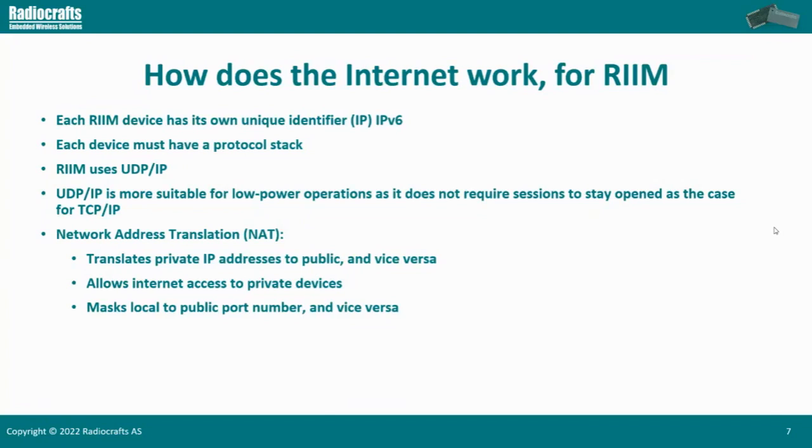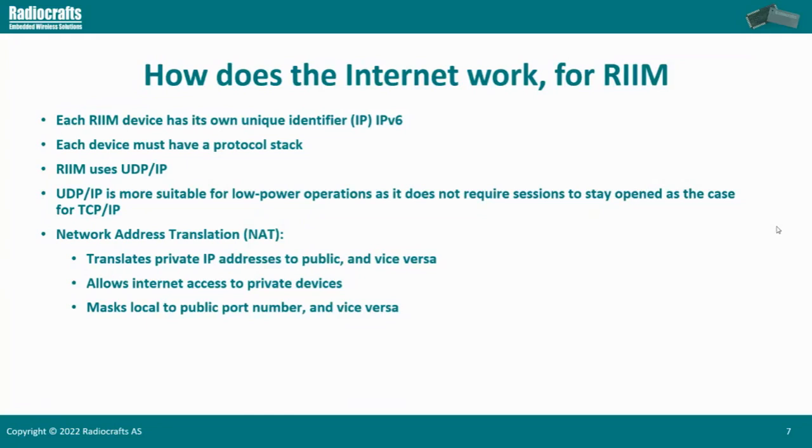This can be suited for your PC, which has virtually unlimited power. But with RIIM, we don't have that. So we had to change that from TCP over IP to UDP over IP. That's what we use with RIIM. This really doesn't require sessions to stay open during exchange of packets, which means it's more suited for low power operations or devices which are running on a limited battery.